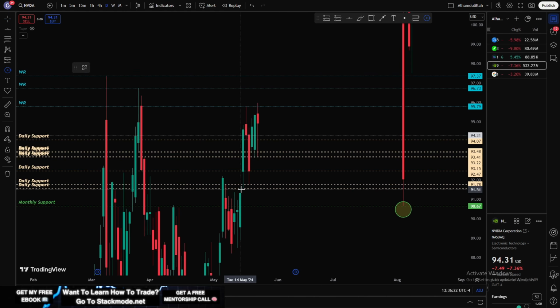This is going to be an example of resistance turning into areas of support. Okay? I try and make it as easy as possible. The answers are all right there for you. The answers are all there for you on the chart. It's just about taking your time.